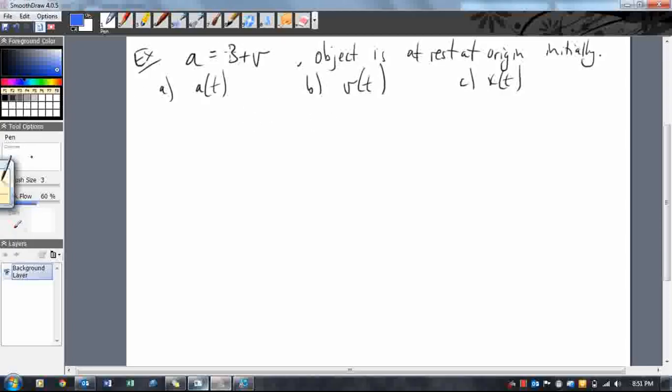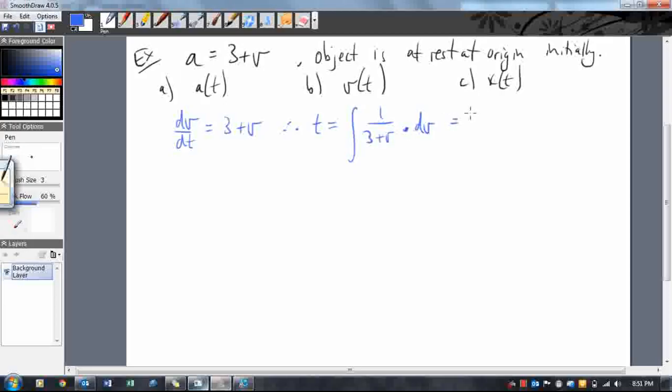Okay, good. So we've got a as a function of v. Because a is a function of v, let's change a to dv dt, the change in velocity over time, so dv dt equals 3 plus v. There we go. How do we solve this? Flip it upside down. t is equal to the integral of 1 over 3 plus v dv.